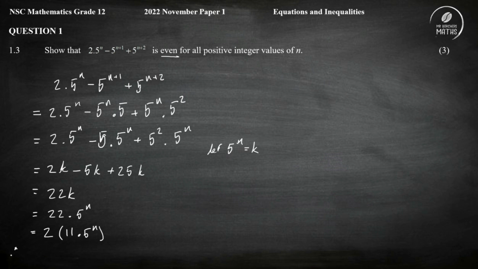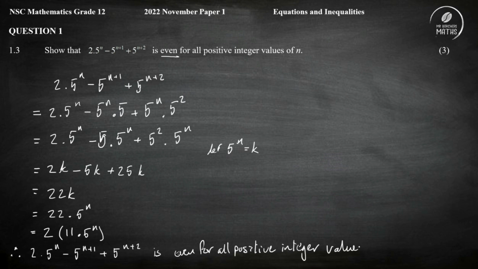And we could finish off by saying, therefore, 2 multiplied by 5 to the n, minus 5 to the n plus 1, plus 5 to the n plus 2 is even for all positive integer values of n.